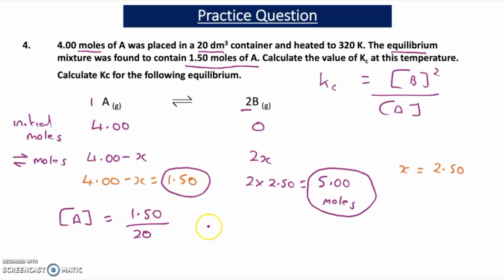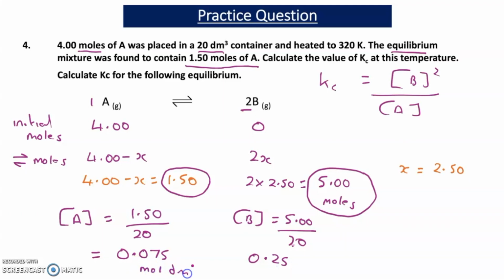Now, the volume in dm cubed is 20, so the concentration of A in moles per decimeter cubed will be 1.50 over 20, and the equilibrium concentration of B will be 5 divided by 20. So that will give me equilibrium concentrations equal to 0.075 moles per decimeter cubed for A and 0.25 moles per decimeter cubed for B.